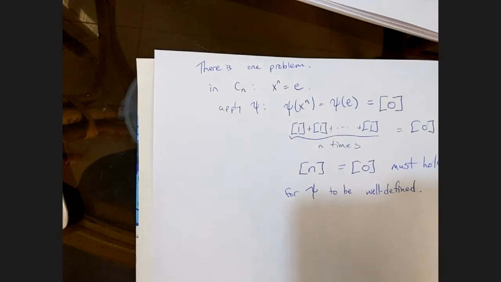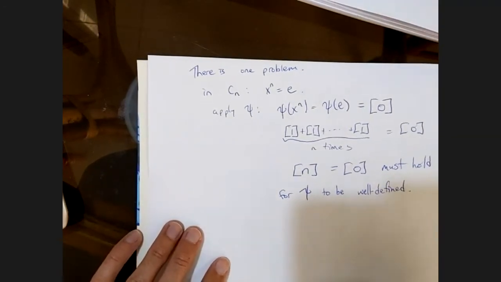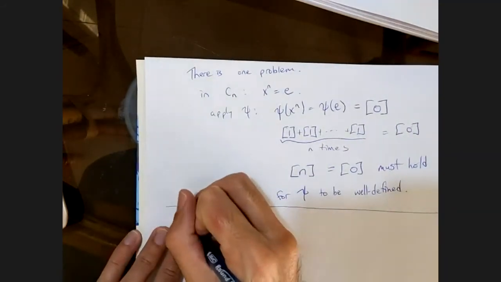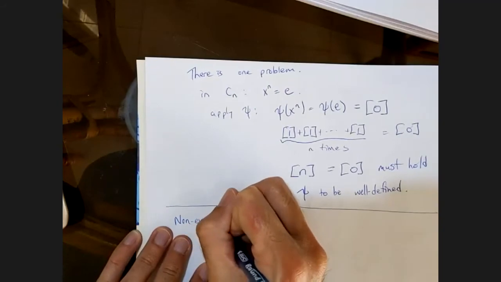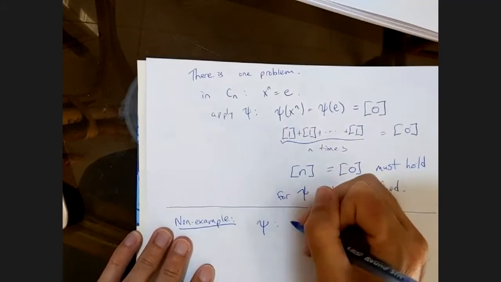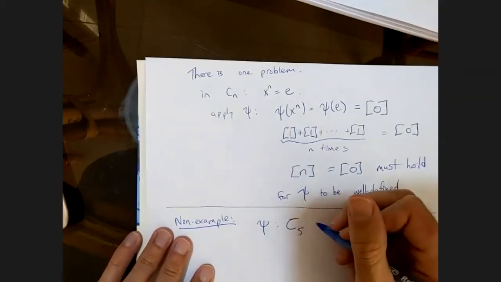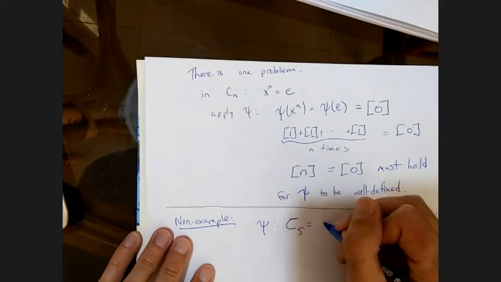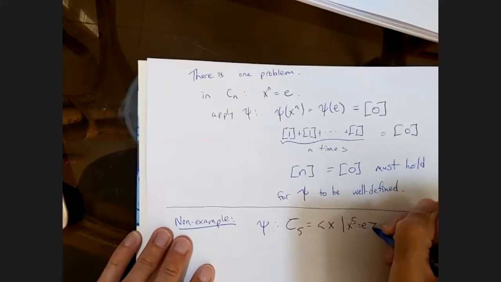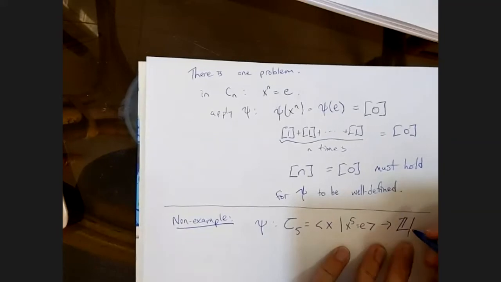Let's just do an example where things don't work out. Let's call this a non-example. We define psi from the cyclic group C5, remember, that's the group generated by x satisfying x to the fifth is the identity, to Z mod 2Z.